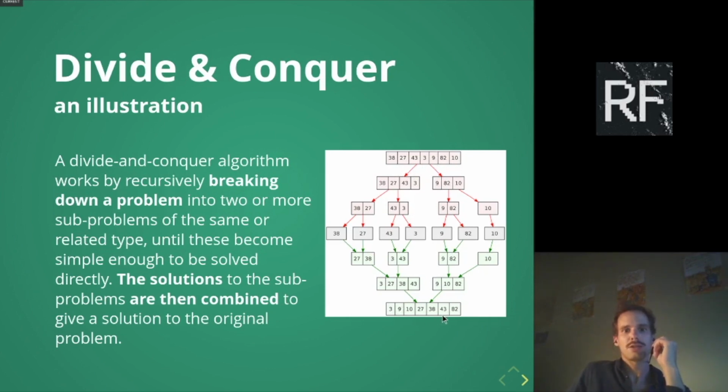You can see the result over there. And to do that, the algorithm splits the problem into sub-problems that it finally resolves, and then it combines the solutions to give a solution to the original problem. That's quite clever. That works very well for many problems.